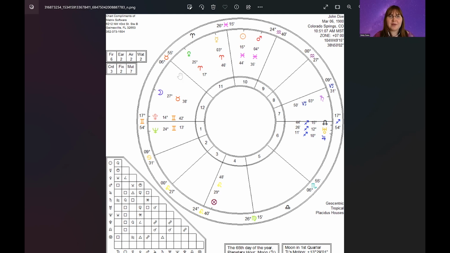People are going to know about you and what you're doing. Whereas if you have a lot of planets in the lower half of the chart, it's a lot of focus on your own family, on yourself, and your own personal life. So there's not a whole lot of perhaps public adoration or scrutiny. You're kind of a little bit more hidden if most of your planets are below the horizon.